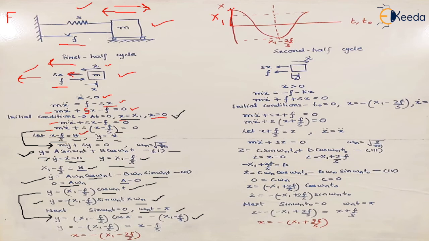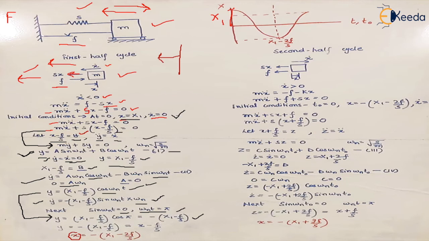So when we equate these two equations, we find the value of displacement as minus (x1 minus 2f upon s). That means we started from some position and now x has moved to a negative value, and also the amplitude has decreased.